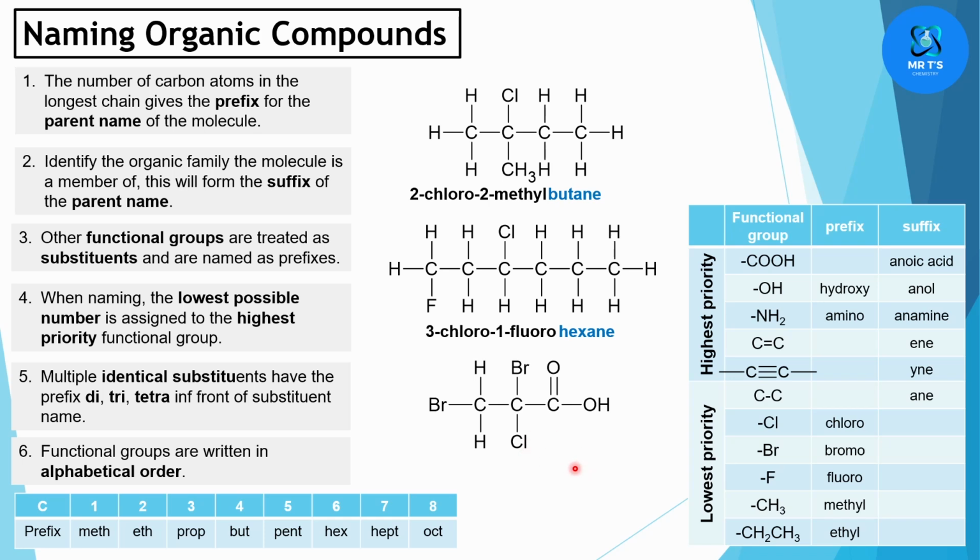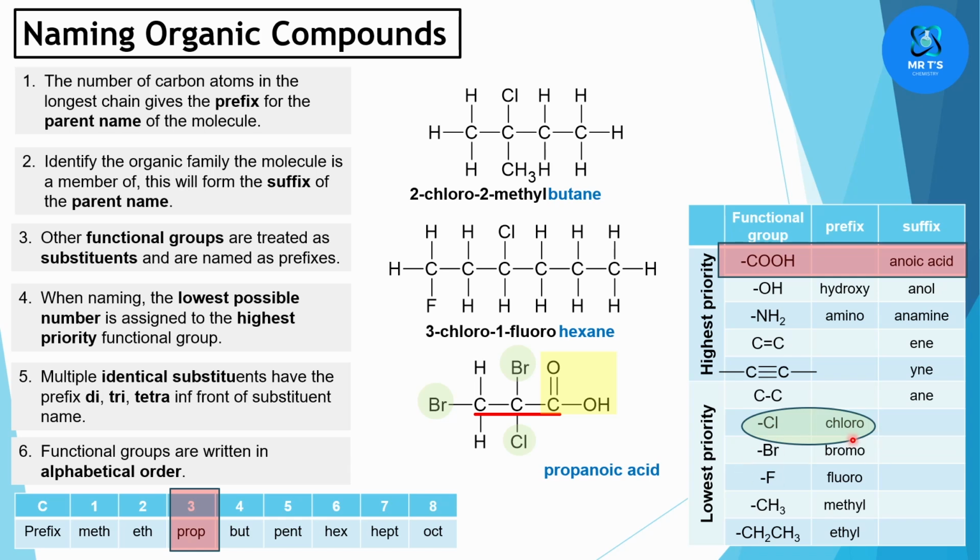Okay, let's have a look at this last molecule. This last molecule is a bit busy. We have 3 carbons, so it's going to be prop-. We have this -oic acid here, and remember that's the most important group. It has a chloro group, and it has these bromine groups here. The parent name for this is propanoic acid.